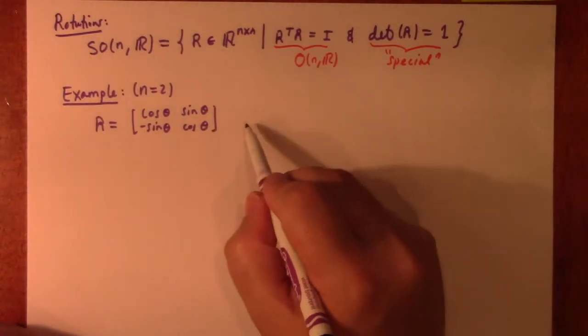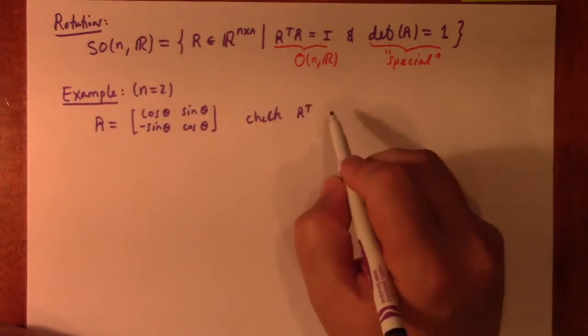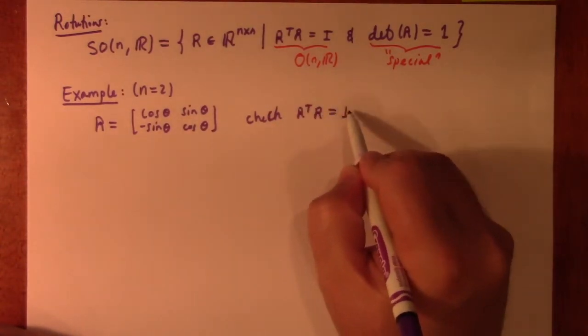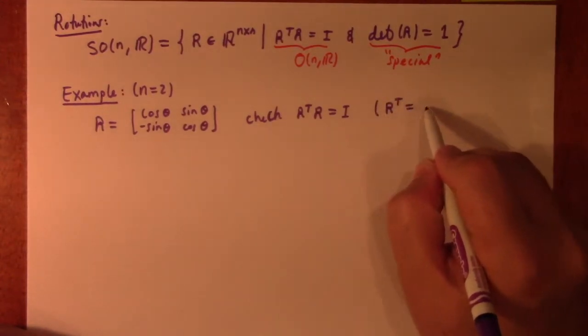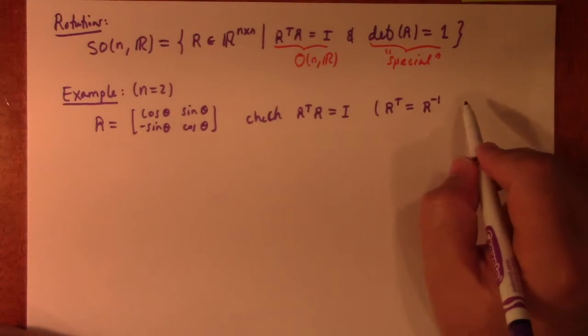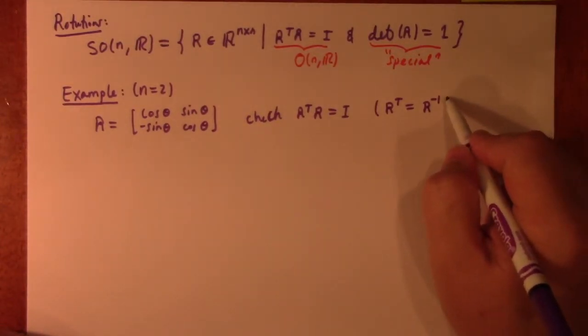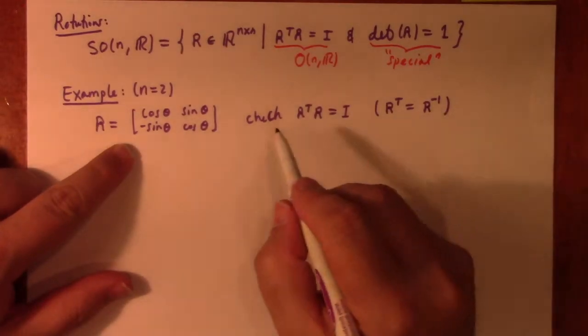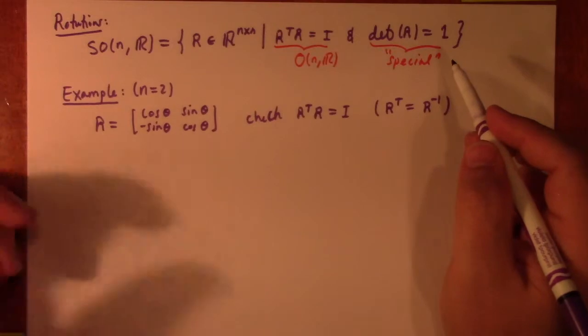And you can easily check that R transpose R is equal to the identity, which is just a fancy way of saying that the transpose is the inverse, something very nice for an orthogonal matrix to have. And the determinant of R is 1 here, well, that's cosine squared plus sine squared, so yeah, it's 1.